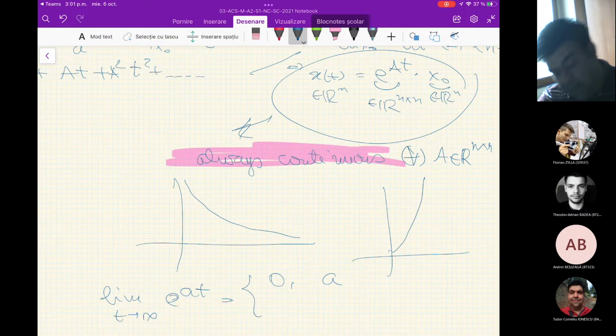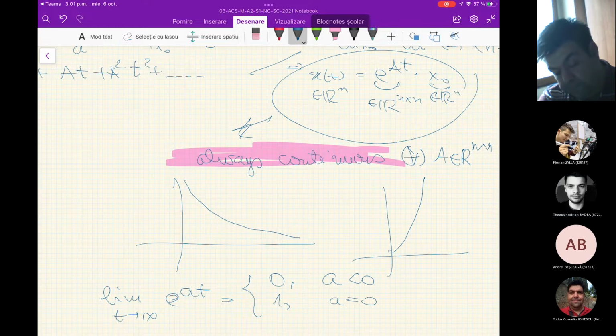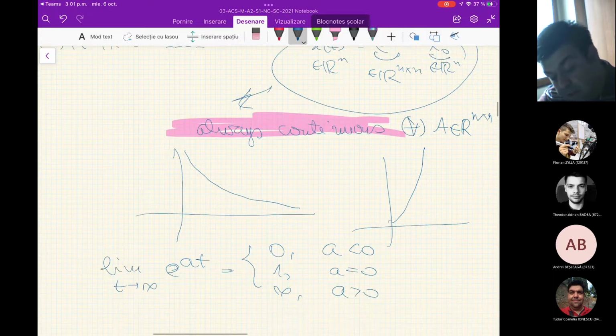Negative. It is 1 for a equal to 0, right? And infinity for a positive. So it's always continuous. This is the main catch here. This is the main idea.